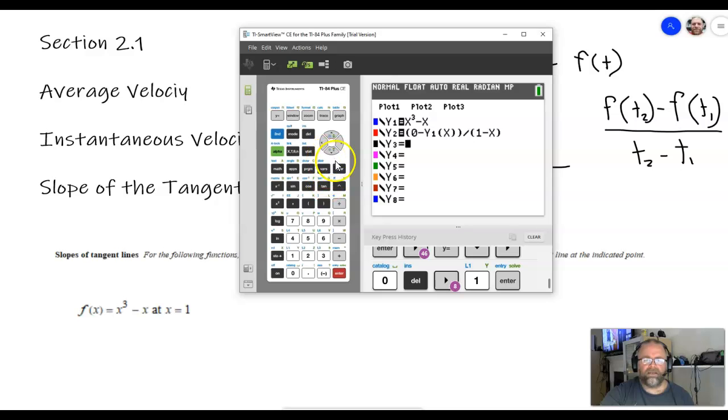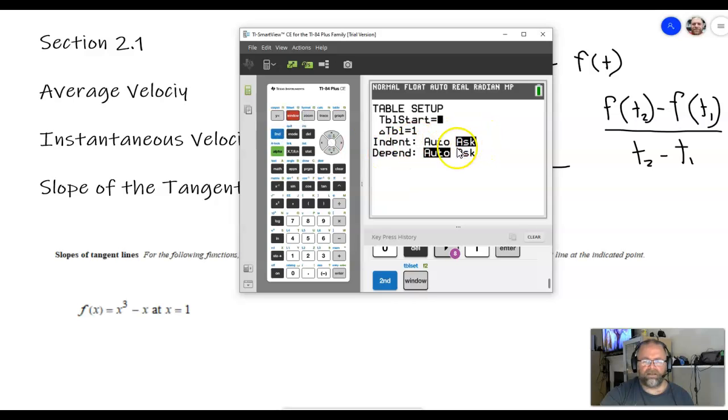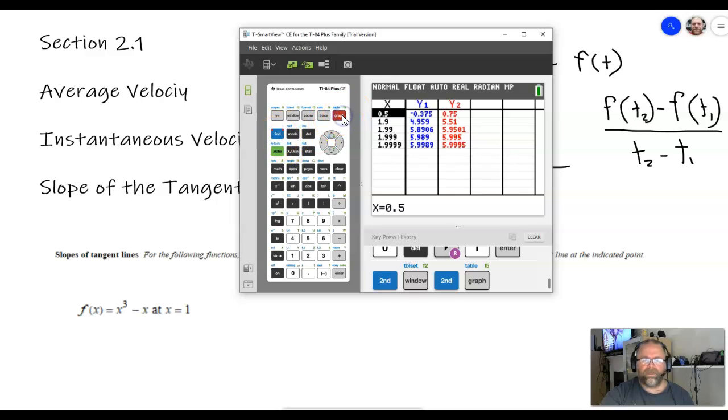So let's go ahead and do this. So we're going to make sure that we go to table set first, that this is on ask and that's on auto. I always check that because sometimes when you reset your calculator, restart it, it goes on auto, and it won't let you put anything in the table. And then I'm going to go to my table here. Let's delete all that out. And we're going to start picking numbers.